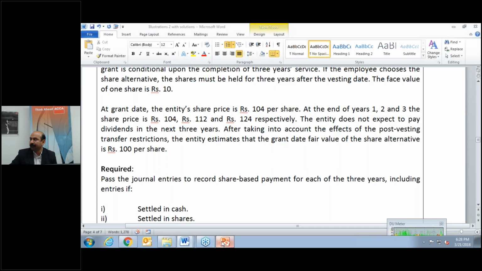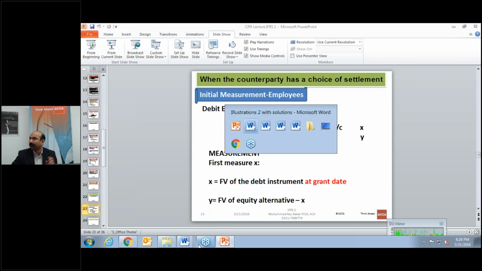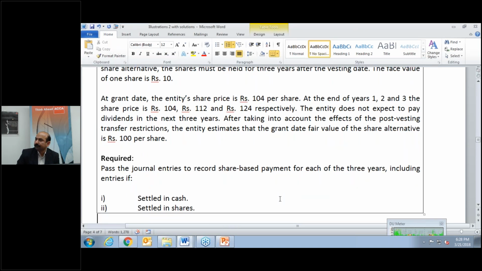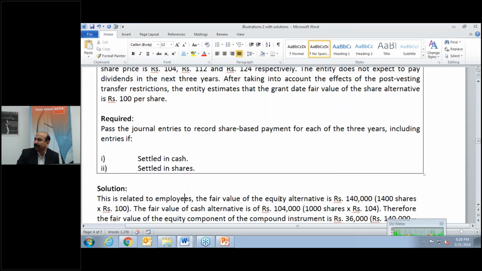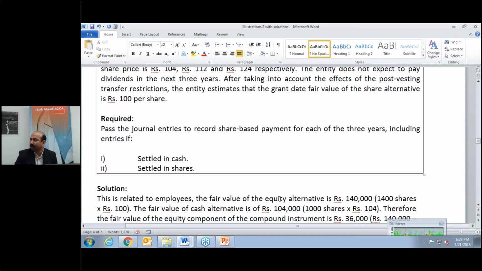If we go back to our slide, first of all, we shall measure X. What is X? The fair value of the debt instrument at the grant date. That is basically the fair value of the cash alternative, which is 104,000.